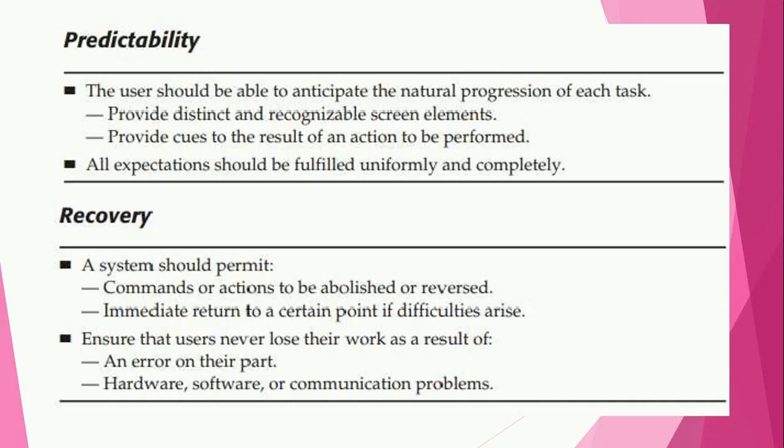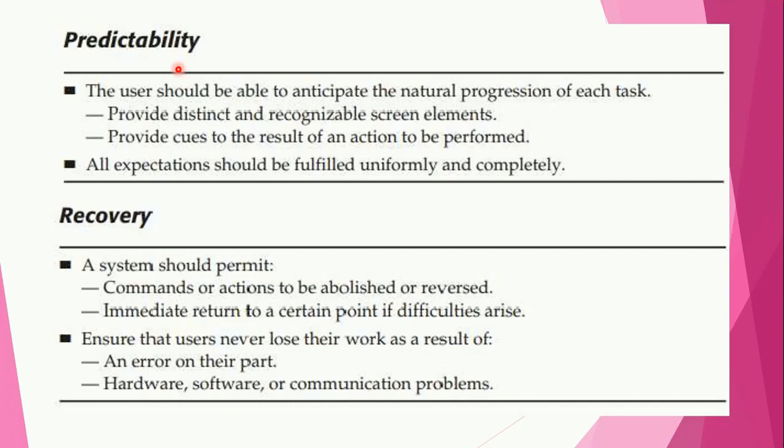So predictability means all actions the user does have to lead to certain results that the user expects. The user may have certain expectations. So if he clicks on a certain icon, this action has to be performed. Those expectations have to be fulfilled by the user interface.